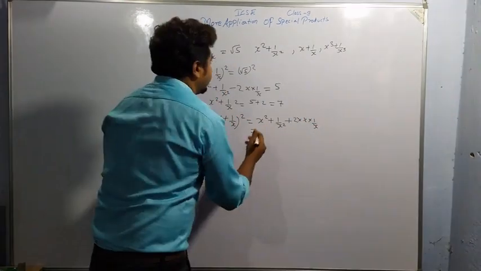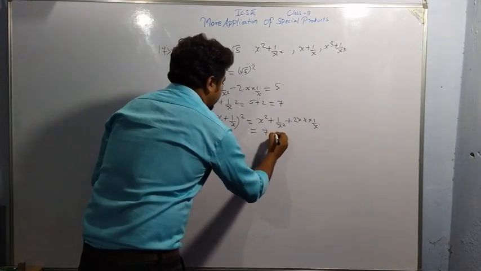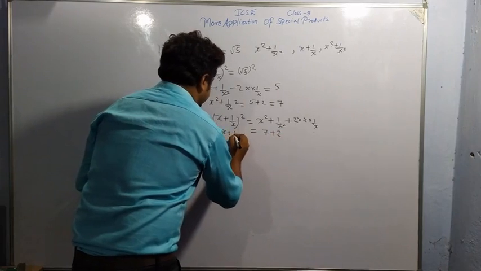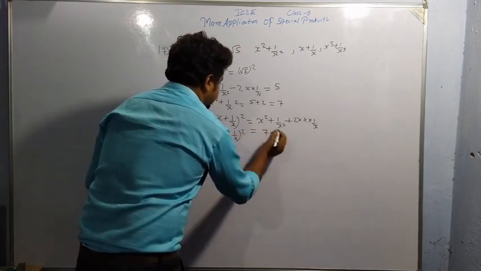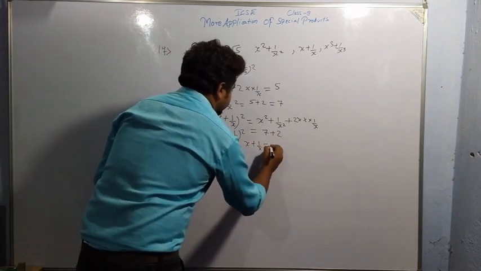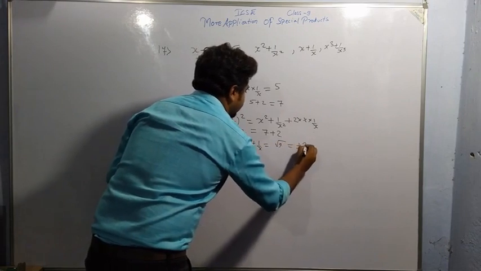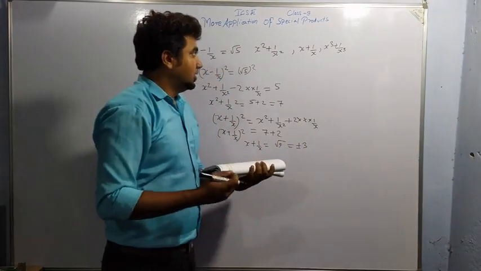So x square plus 1 by x square value we know is 7, plus 2. So x plus 1 by x whole square is equal to 9. x plus 1 by x equals root of 9, which comes out to plus minus 3. So x plus 1 by x is equal to plus minus 3.